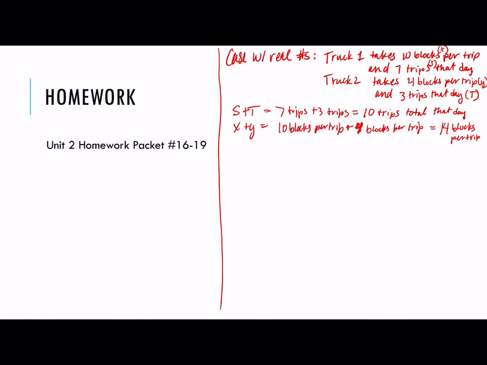Okay. Now we have our XS plus YT, which is pretty abstract here. So we're working more concretely right now. So we have 10 blocks per trip, which is our X. And I'm going to multiply that by S, which is 7 trips per day. So those trips will cancel. Sorry, X times S is 10 blocks per trip times 7 trips.